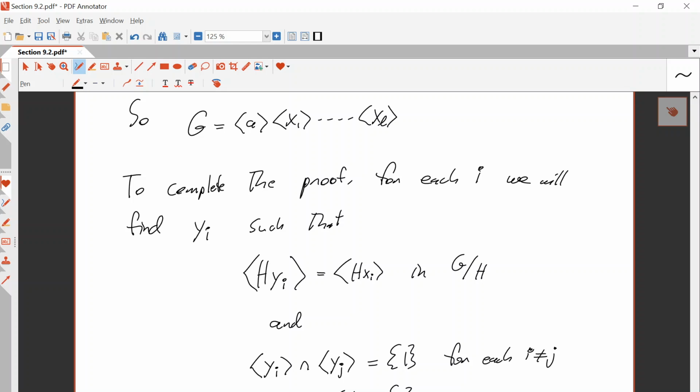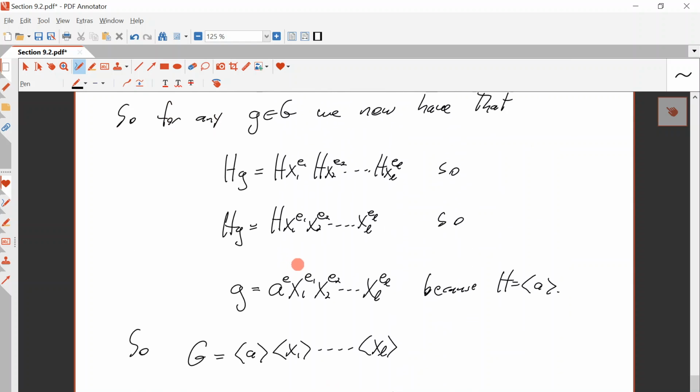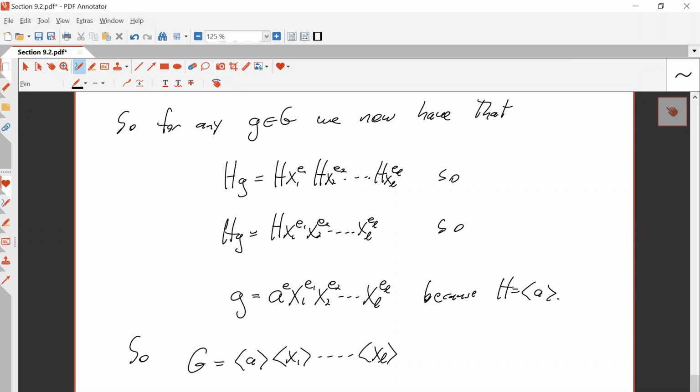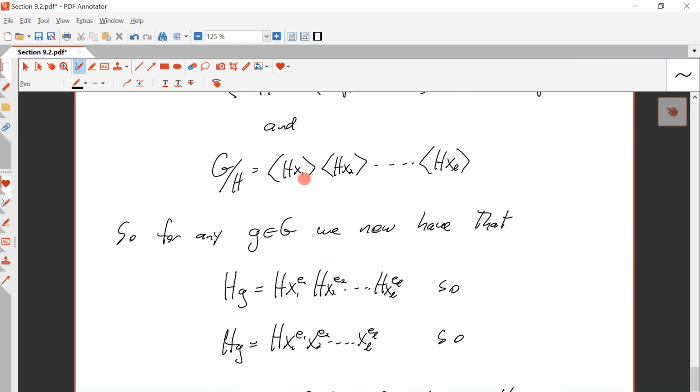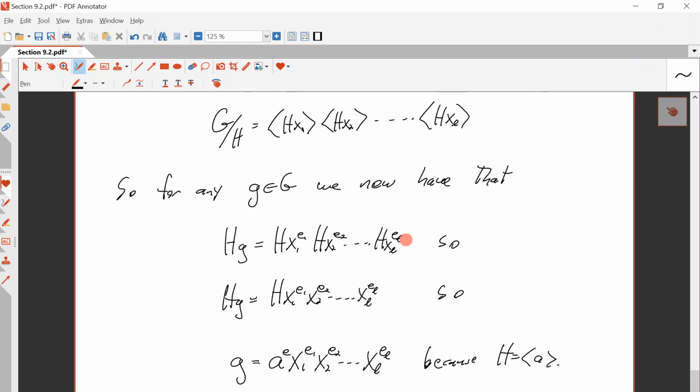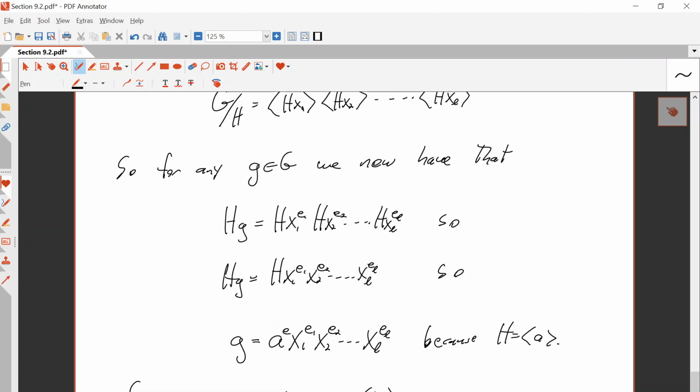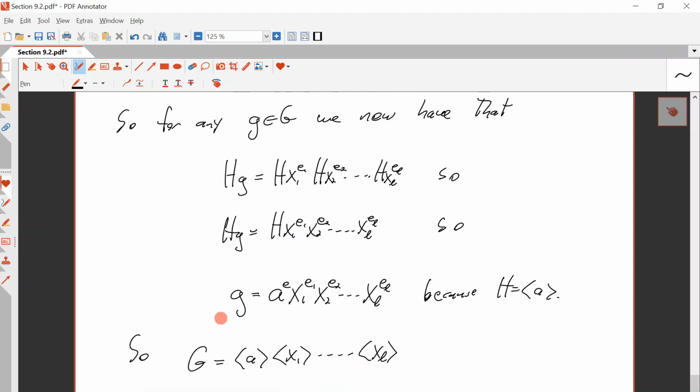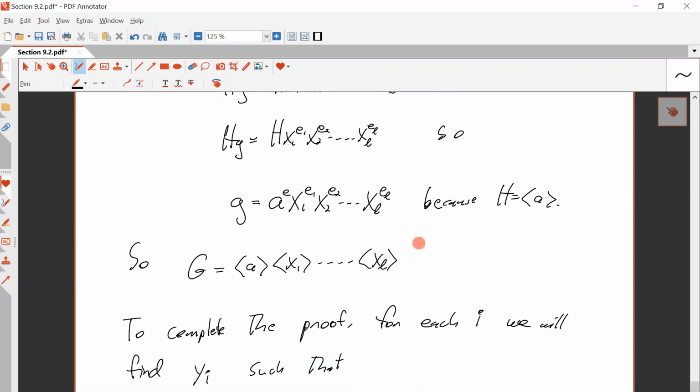As things stand, the x's generate all of G. Because the hxi's generate all of G mod H, where H is a cyclic subgroup generated by A, G is going to be a product of the xi's along with some power of A. Okay, but these guys might intersect.